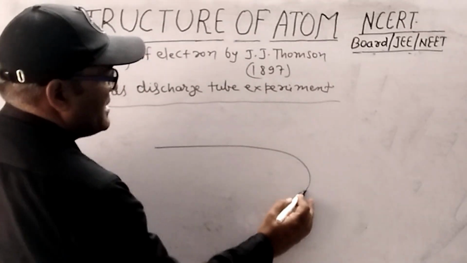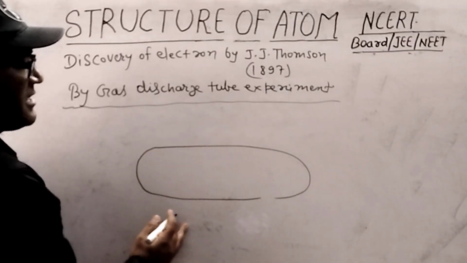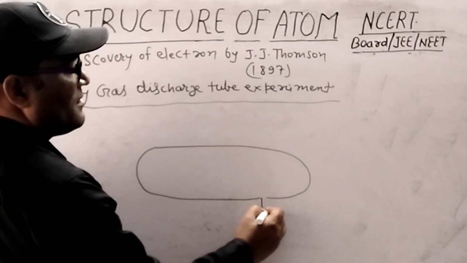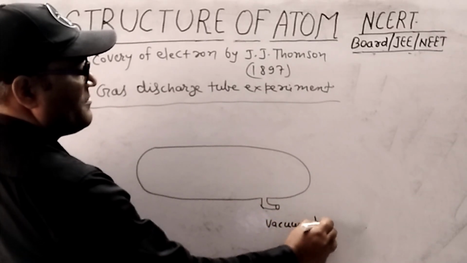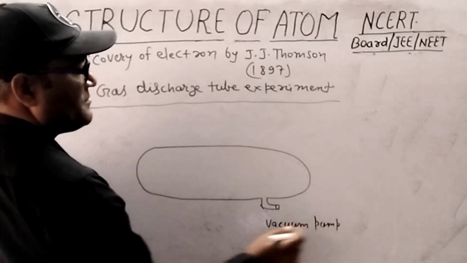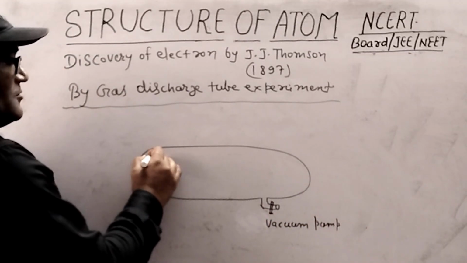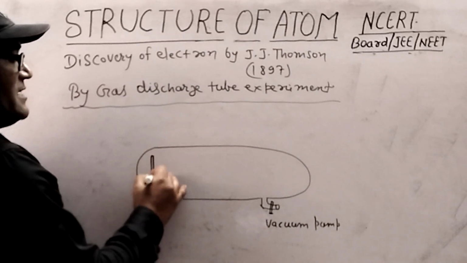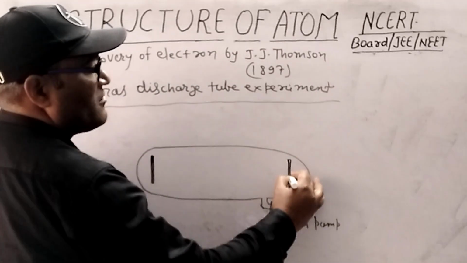In the gas discharge tube experiment, J.J. Thomson took a cylindrical glass tube. Vacuum pump is here. Two metal electrodes are situated inside the vacuum glass tube.